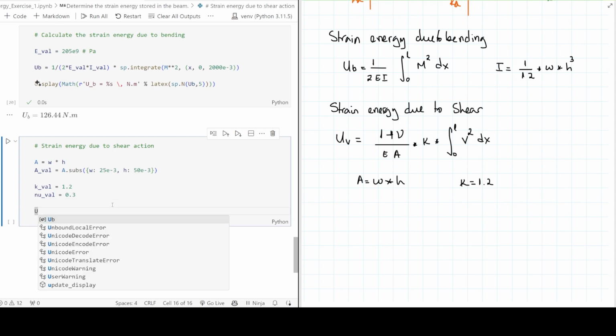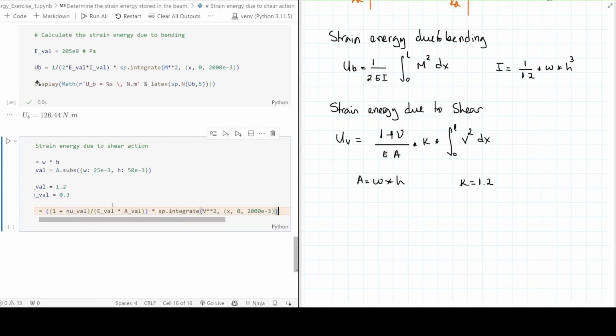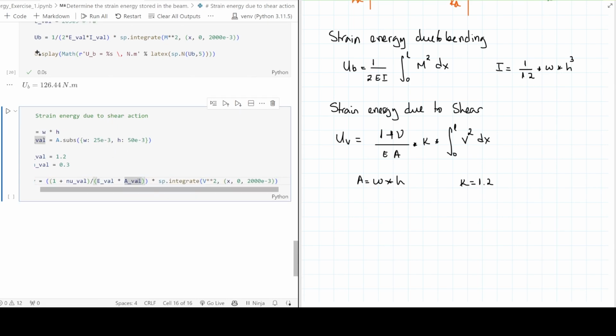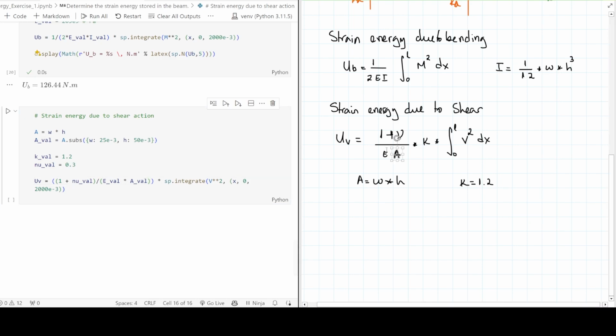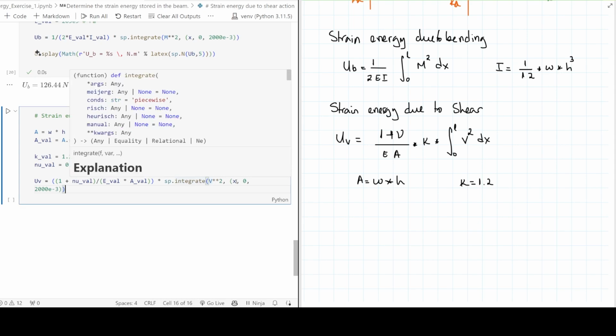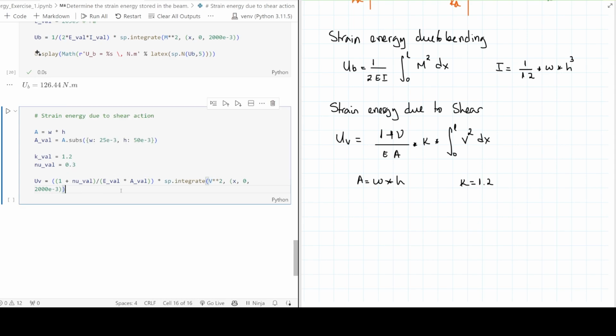So then strain energy due to shear is going to be equal to what? Well, first, let's write down the first fraction. 1 plus nu value, and that's going to be divided by, let me see, is E value times A value, yes, and then that's the same as this one, and then I need to integrate the shear force function from 0 to 2000, the length, okay?